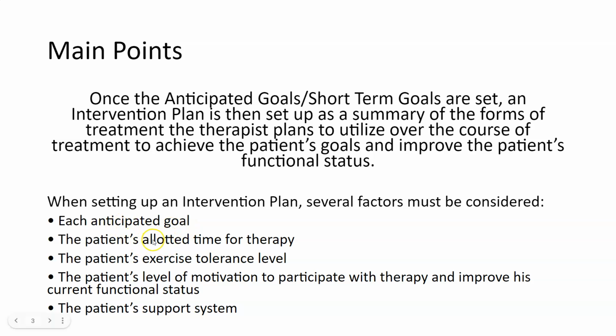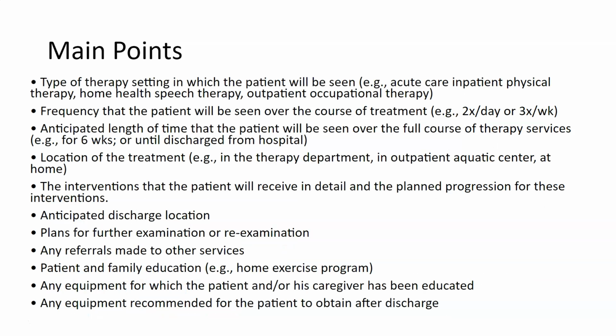But then also this idea that we may not be able to reach all of the goals in the time that we have. And so some other limitations may come into play, and that would need to be included in the intervention plan. Every patient has some sort of limitation that might affect the plan.